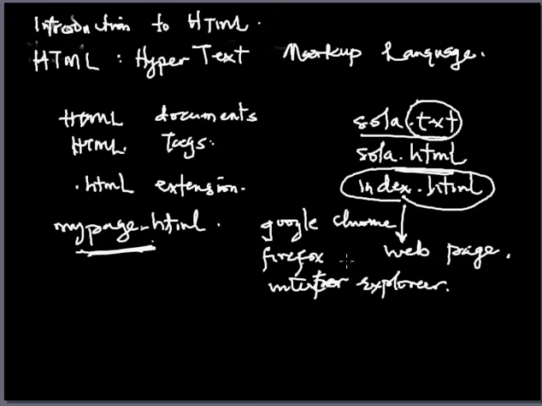Or even a mobile phone? You can read an HTML document on it. Any computer that is on the web must have a web browser on it. That means the web browser must have been installed on that particular tool or computer for you to be able to see web pages.